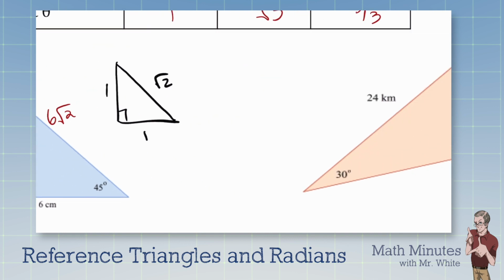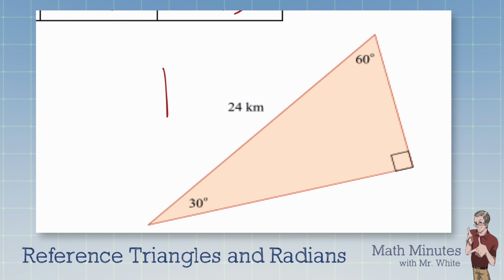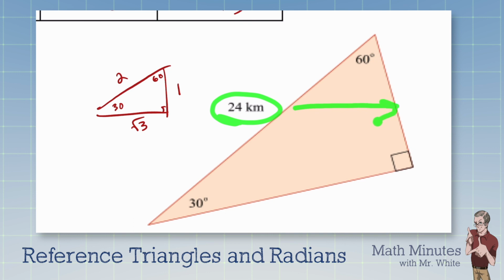So let's look at the 30-60 example off to the side. Again, the reference triangle that a lot of students write on their paper is here's 60, here's 30. Across from the 30 is the 1. The hypotenuse is twice as big. The long leg is radical 3. So if I give you the hypotenuse, how big is the short leg? If it's a 2-to-1 ratio, 12.